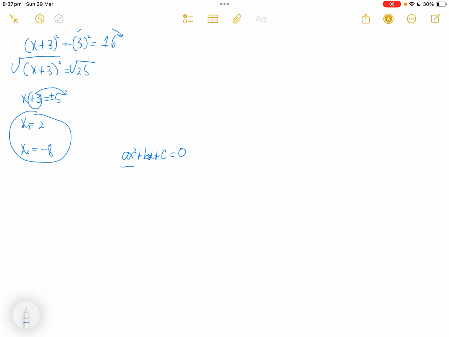So what we're gonna do here is get x squared by itself by dividing both sides by a. And again, because we want y to be 0, we have to leave the 0 over here.